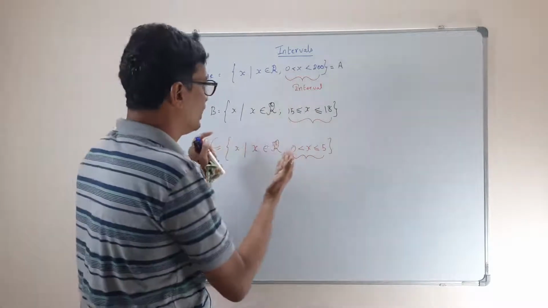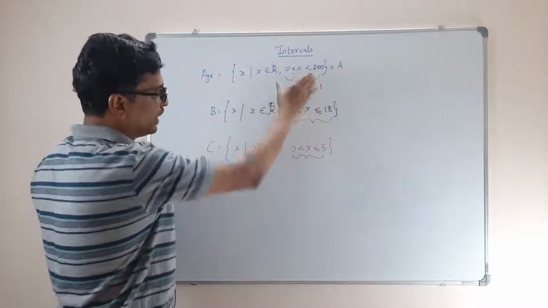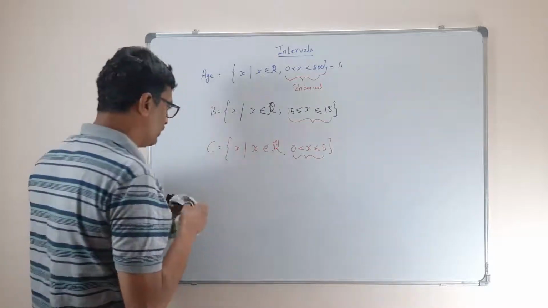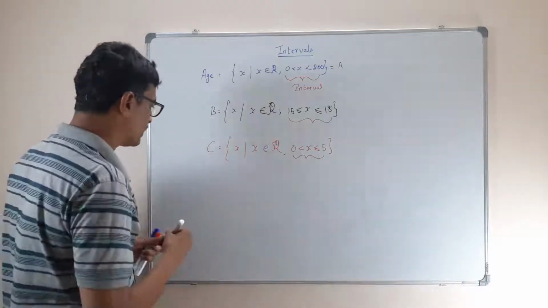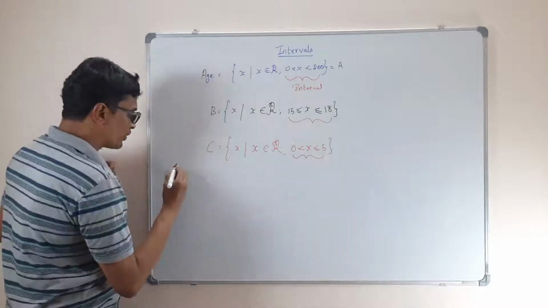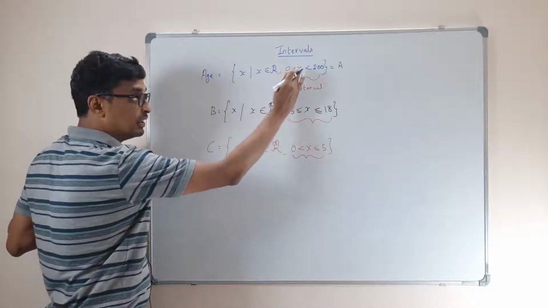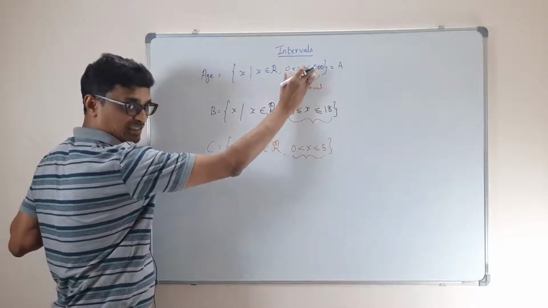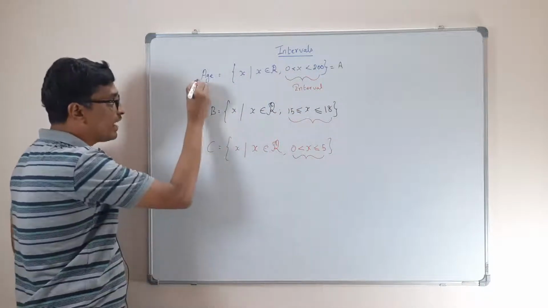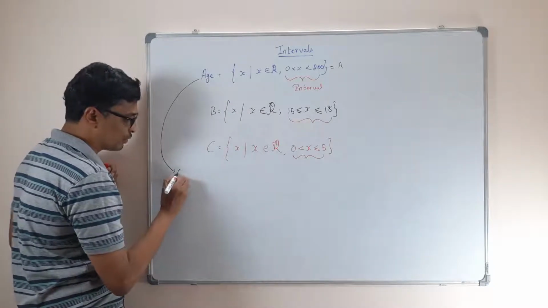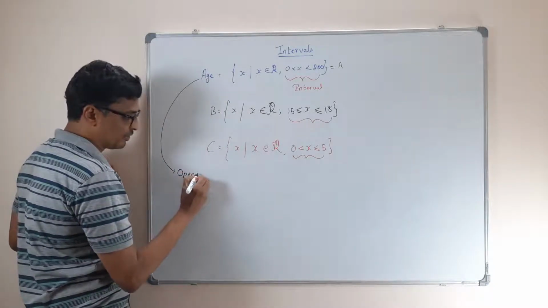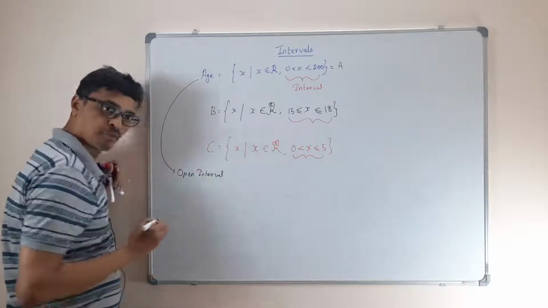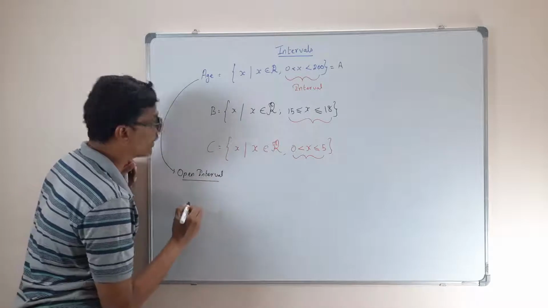So even though I call them interval, the interval can be classified into different types. So first, let us write: when the extreme points are not included, then you call that interval an open interval. In general, how can I write?